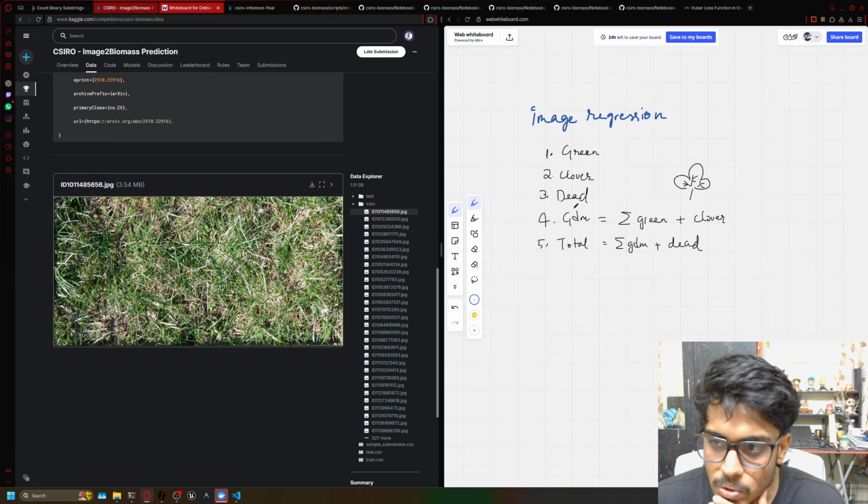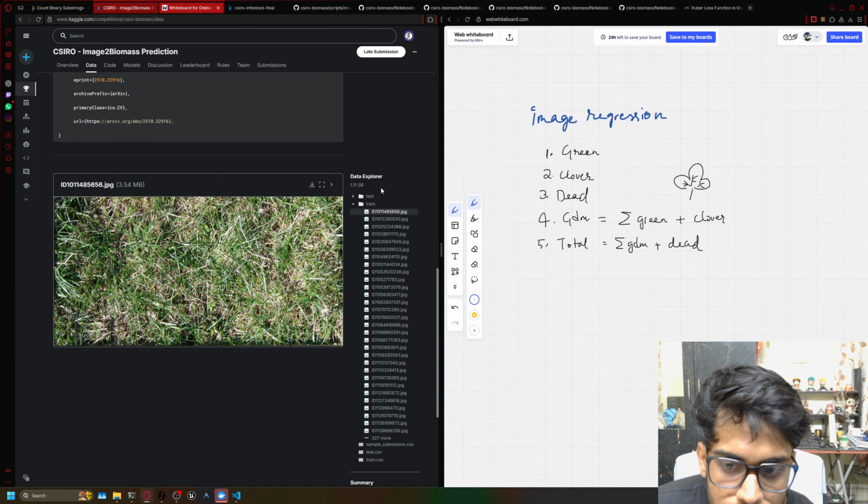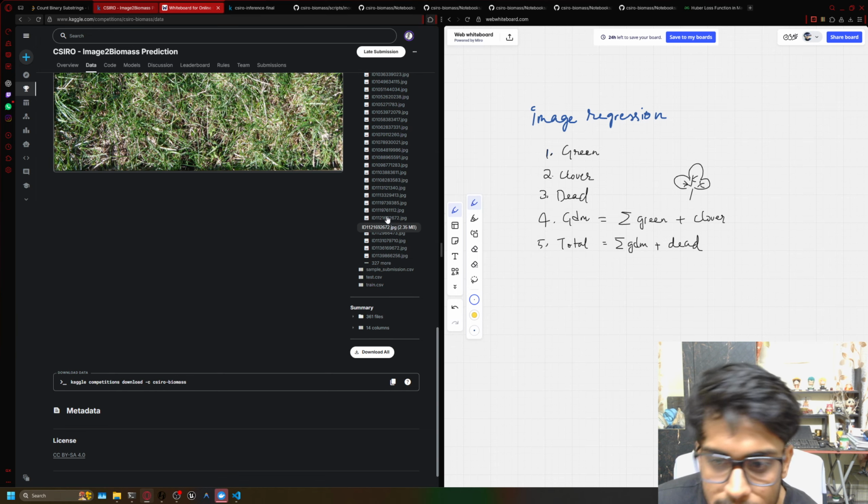So there were 5 categories of biomasses we have to predict, and the input was an image. The dataset size was 1.11 GB, so it was a somewhat large dataset.